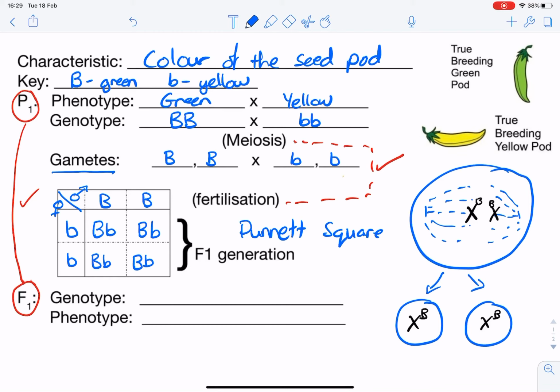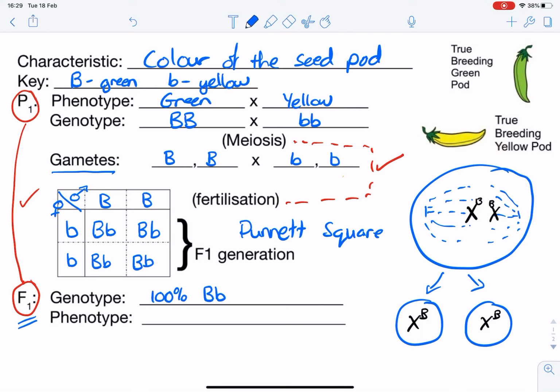All right, so here we have now our 4 possible outcomes. Okay, so what is their genotype? Their genotype of the first filial generation, of the first generation of offspring, is 100% big B, small b. Notice I haven't converted that back into colors yet because the question is for the genotype: 100% big B, small b.